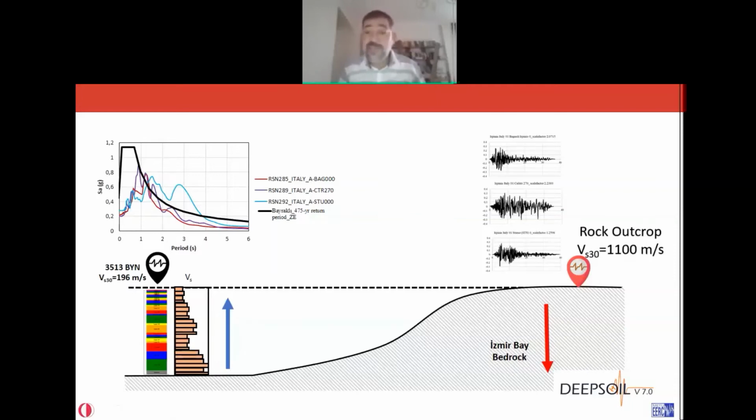But basically, the essence of this exercise is to simply say that Izmir Bay is a special place. Topographical, geological, geotechnical conditions, faulting systems, it is a special place like Mexico City, with deep lake deposits that love to amplify things.